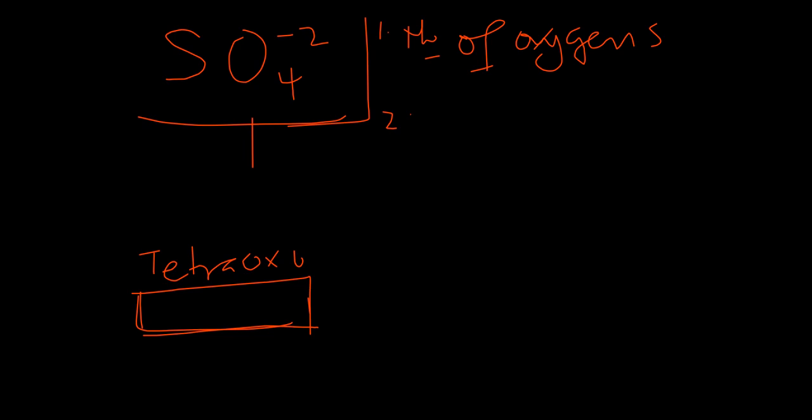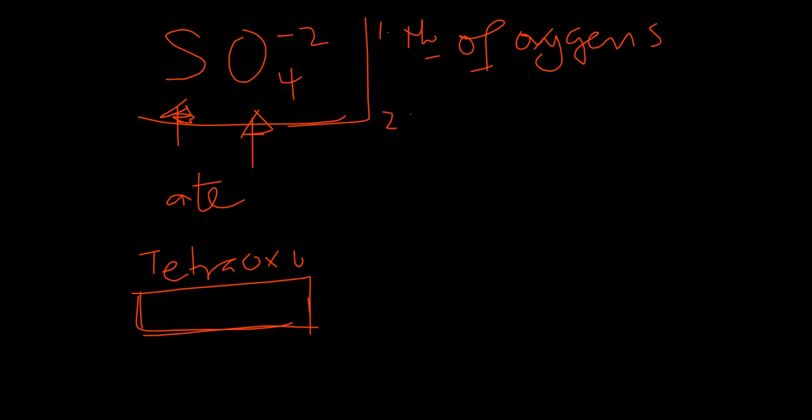So we are done with the oxygen part. Step 2 is to go to the next element. The element in this case is sulfur. But you don't name the sulfur as sulfur. You name it in its ate form. If it's sulfur, it will be sulfate. If it's phosphorus, it will be phosphate. If it is carbon, it should be carbonate. If it is nitrogen, it should be nitrate.